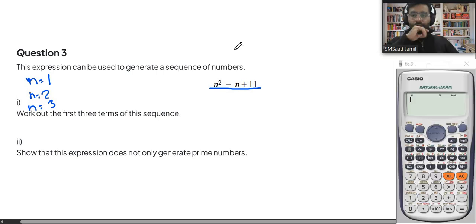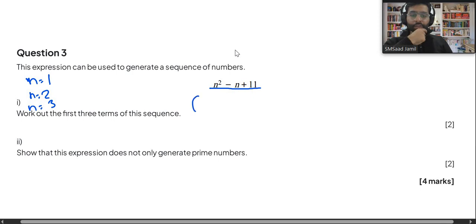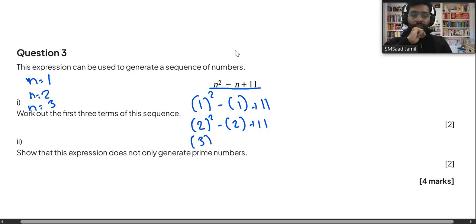Alright. So what I'm going to do, in place of n I will write, because I'm finding the first term, 1 squared minus 1 plus 11. Then for the second term I'm going to do 2 squared minus bracket 2 plus 11. And then for the third term I'm going to do 3 squared minus bracket 3 plus 11.